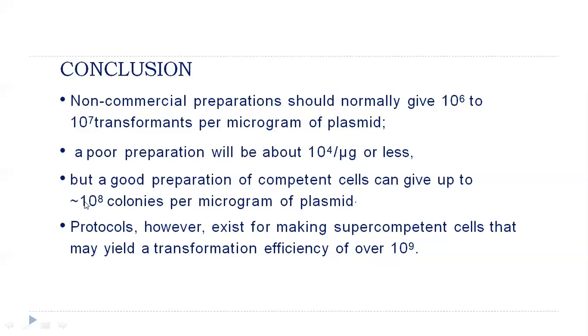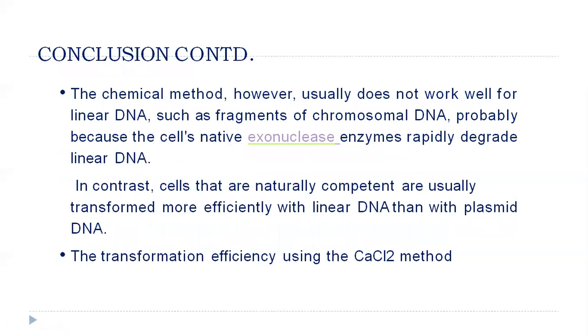So actually, you can get up to 10 to the power 8 colonies per microgram of plasmid, because once the competent cell is prepared, you add the plasmid DNA into the competent cell and heat shock for 90 seconds at 42 degrees centigrade temperature. Okay. So the chemical method, however, usually does not work well for large DNA. So this is not so important.